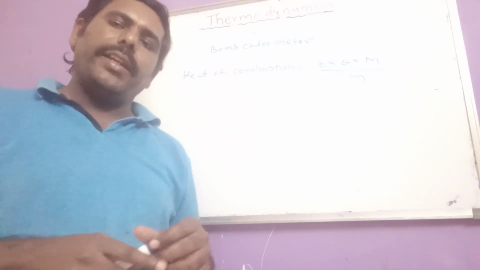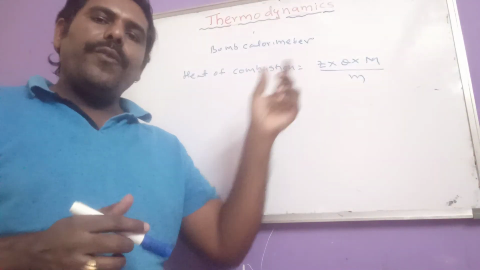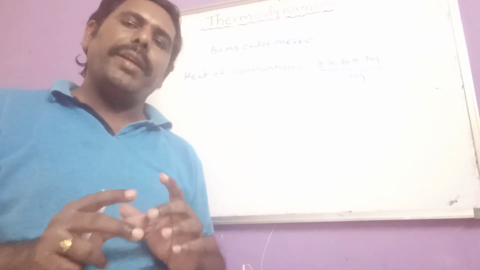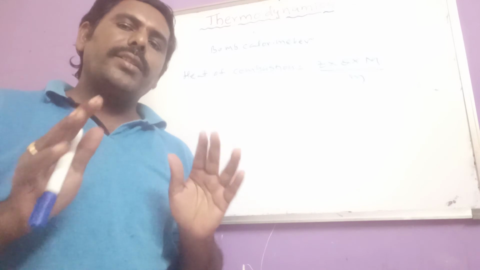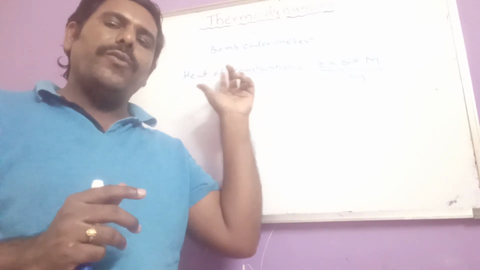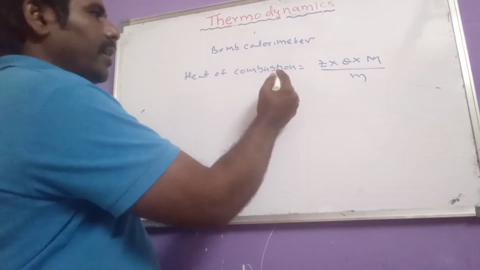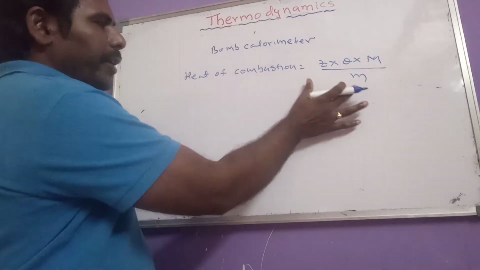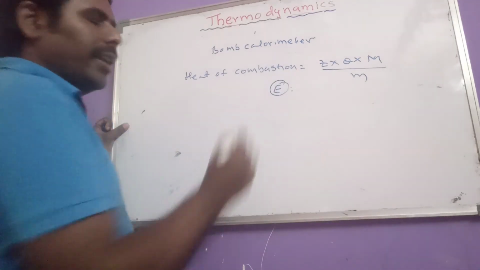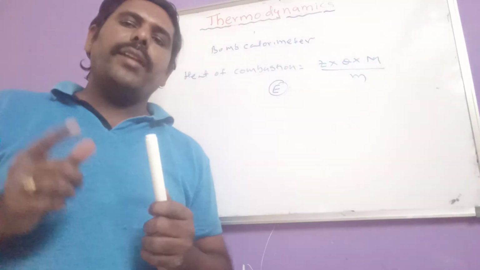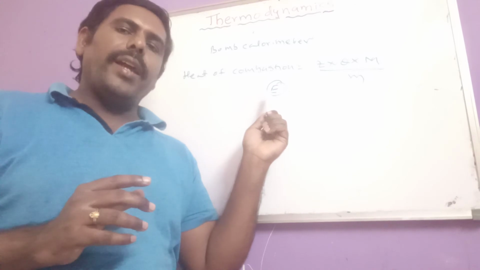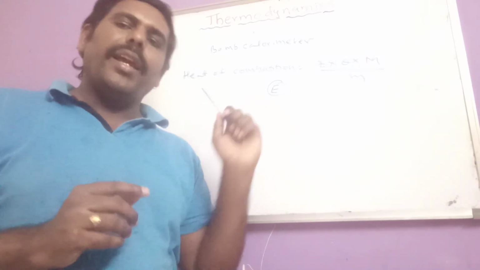But one important thing: as heat of combustion is measured in a bomb calorimeter, that means at constant volume, whatever value we get from this expression indicates internal energy, because the heat content of a system at constant volume is known as internal energy.